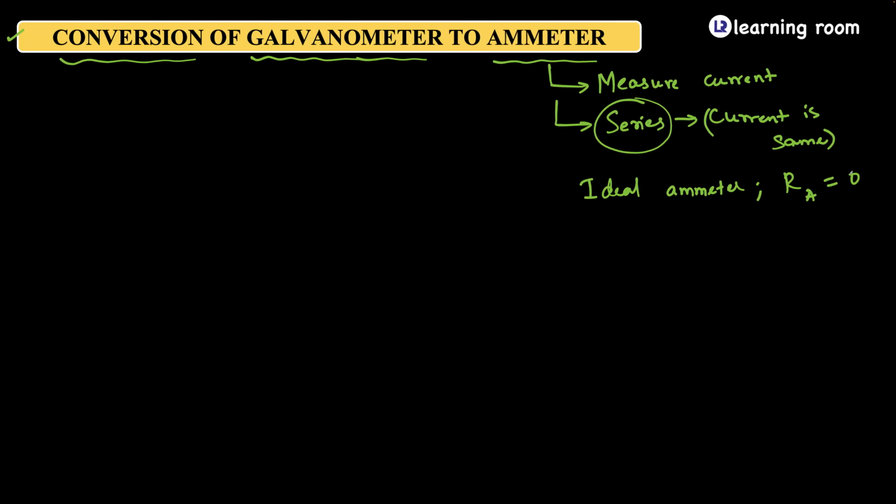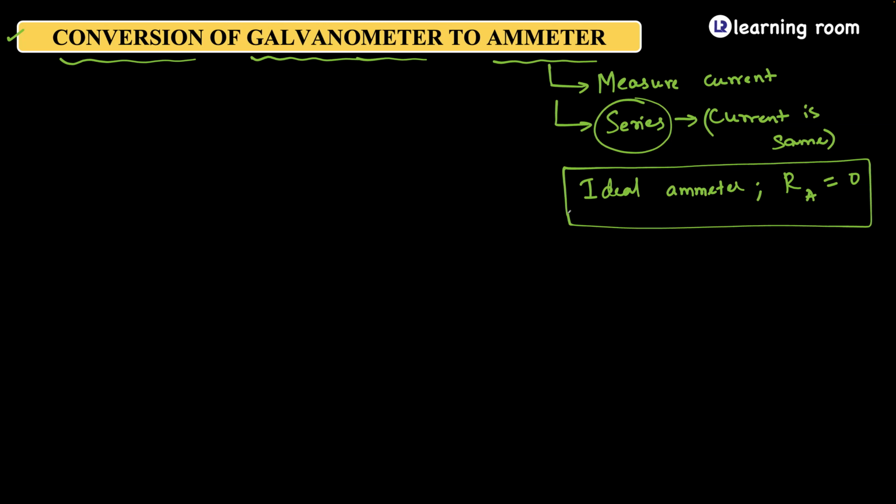If there is a resistance across the ammeter, the current flowing through the device might change, and the variation in the reading will be shown to us. In order to avoid that, we make sure that the resistance of an ammeter is 0 in ideal condition, but in reality it can't be.